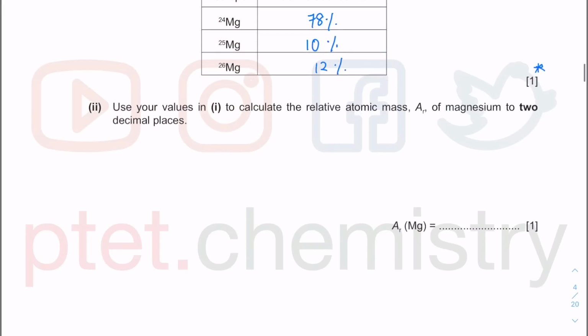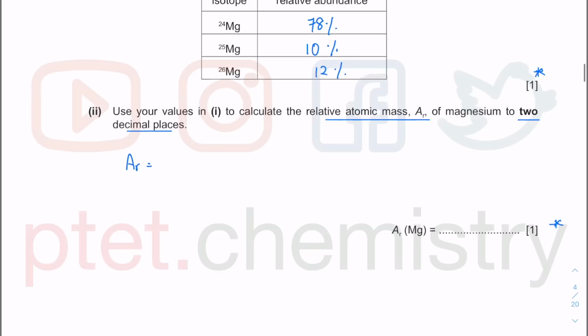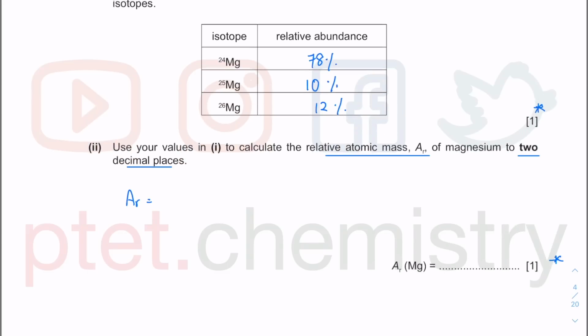Now use your values to calculate the relative atomic mass to 2 decimal places. They are very stingy in A2 because they expect you to be able to do these kinds of calculations already. The mass number multiplied by the percentage, so 24 multiplied by 78%, and then you add up the other multiplications of mass number and percentage, and put that whole thing in a big bracket.